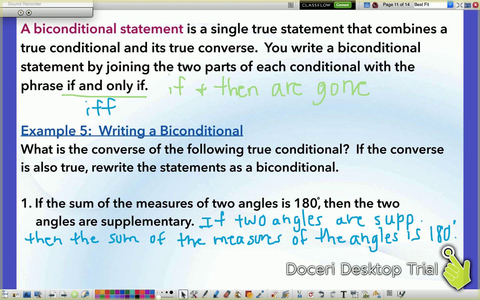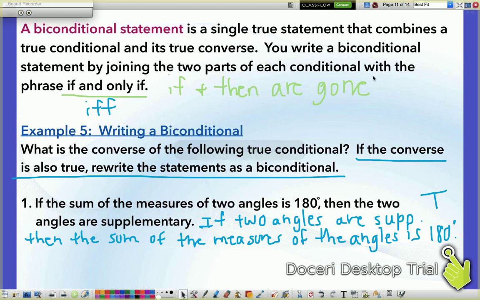Now, that is true. Okay, so the conditional is true, the converse is true. So, since the converse is true, use a biconditional statement.